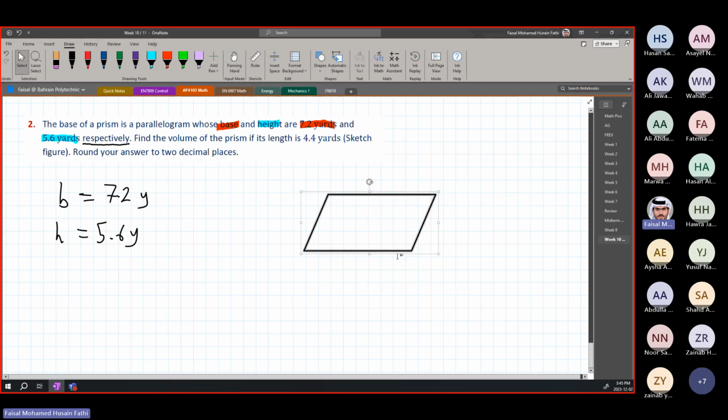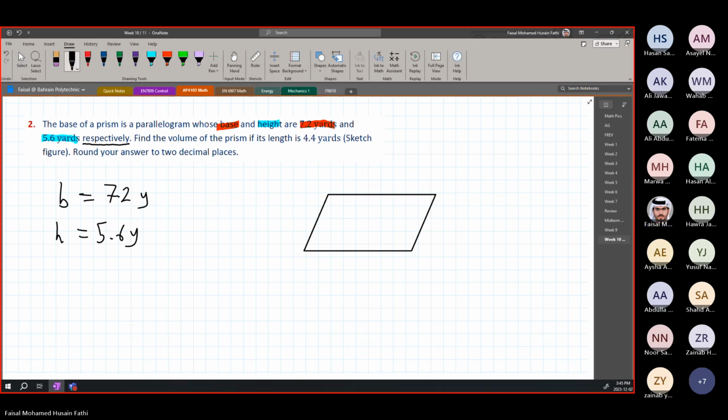This is the base of the parallelogram at the bottom here, this is B, and the height is the perpendicular height over here. This is the height, H.